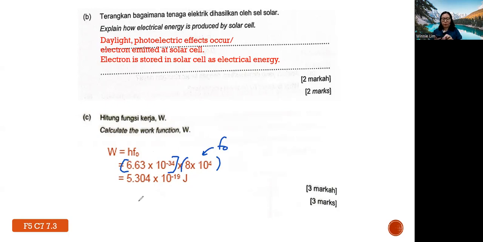I also tried to press it, because sometimes the answer scheme may not be accurate. Yeah, you see, it's actually negative 29. So basically, I think there is a slight mistake in the graph for this question. By right, the frequency is supposed to be big, like 10 power 14.